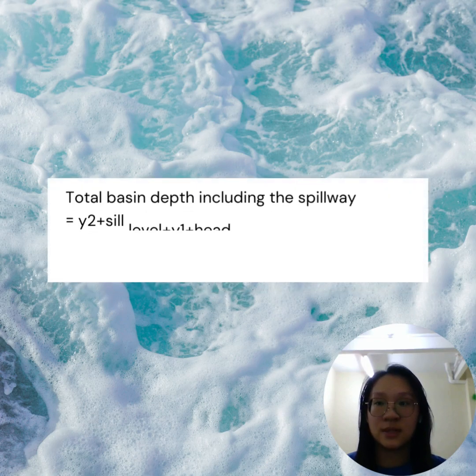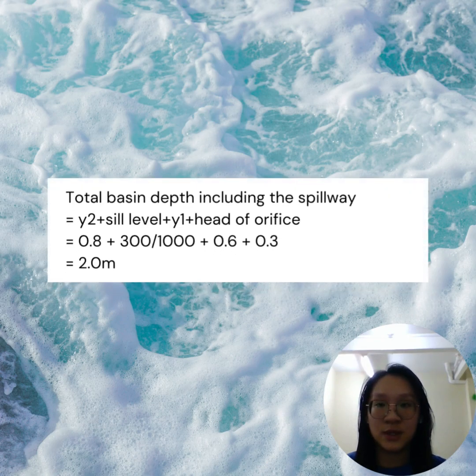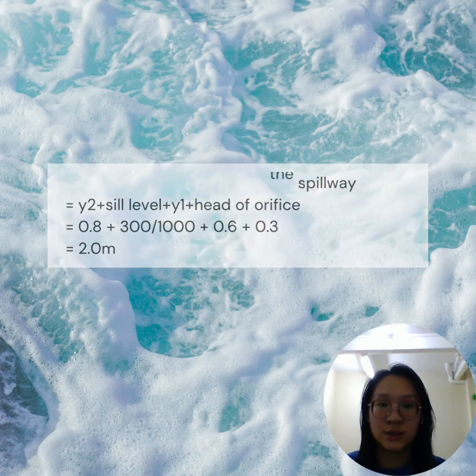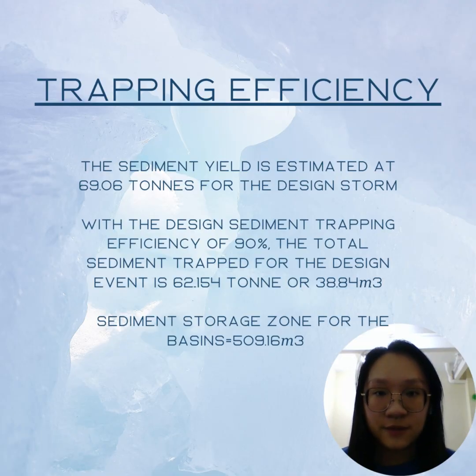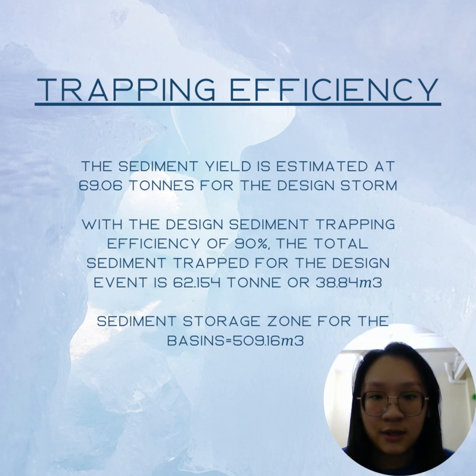Next, the total basin depth, including the spillway, is calculated and equals 2 meters. For trapping efficiency, the sediment yield is estimated at 69.06 tons for the design storm. With the design sediment trapping efficiency of 90%, the total sediment trapped for the design event is 38.84 cubic meters, while the sediment storage zone for the basin is 509.16 cubic meters.